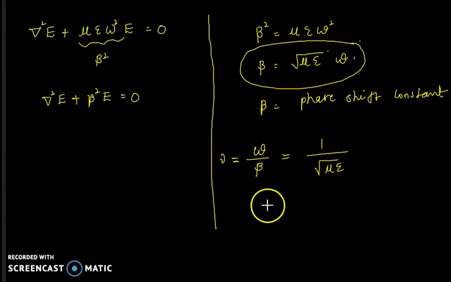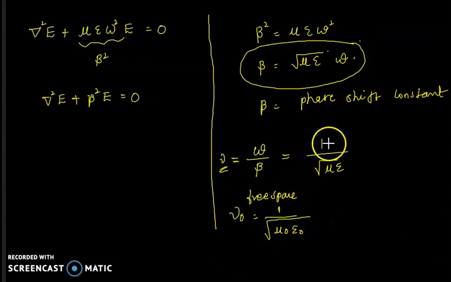Let us call it v naught. V naught is the velocity of the electromagnetic wave in free space. And this is the wave velocity in a medium. So v naught becomes 1 by square root of mu naught epsilon naught.